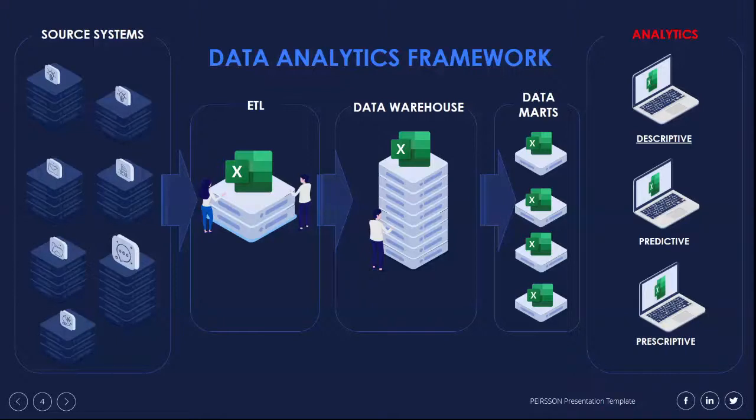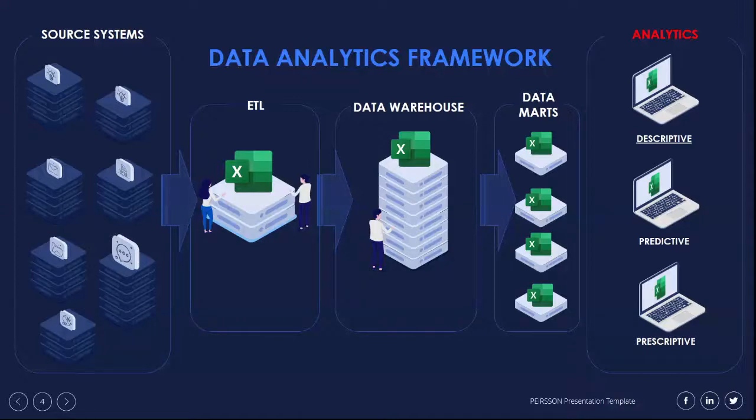databases. After our data has been stored in our data warehouse, we can segment it into different marts, or what we call data marts. And those different data sets segmented into different marts can now be analyzed in any of these three types.